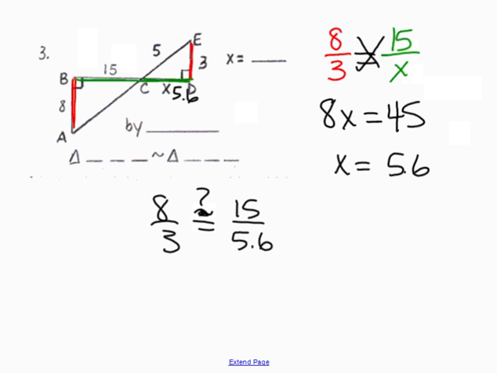Well, in order to figure that out, I need to scale that by 10 so that I don't have this funky 5.6 here. So I'm going to say 150 over 56. Now can I reduce that to be 8 over 3? Well, I know that 2 goes into 150, so that's 75 over 28, dividing by 2.